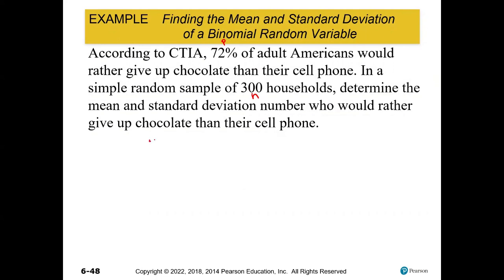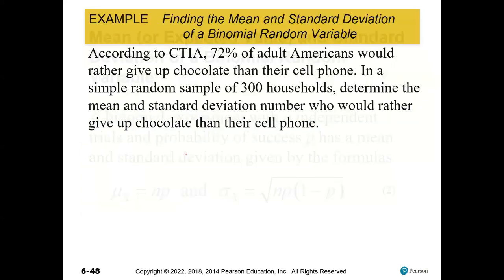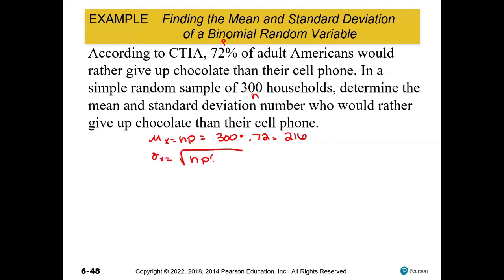All right, well, the mean is just N times P. I'll take 300 times 0.72, and you just grab a calculator. And you'll get 216.